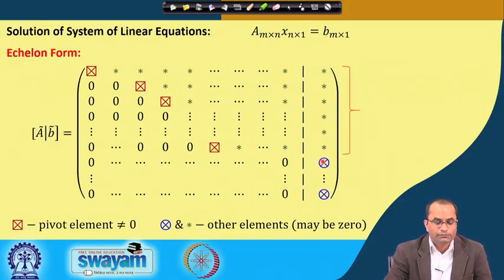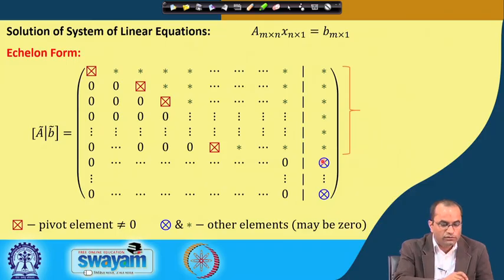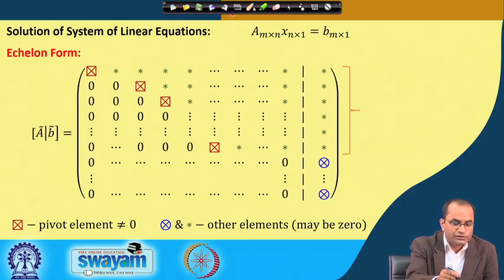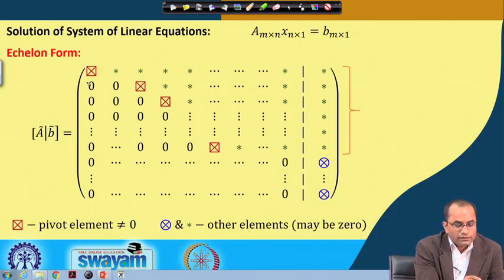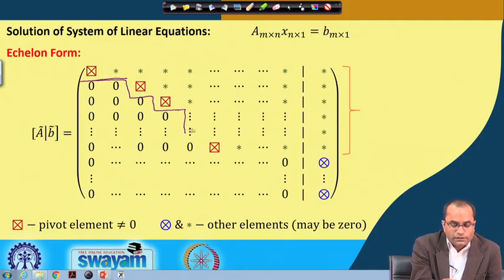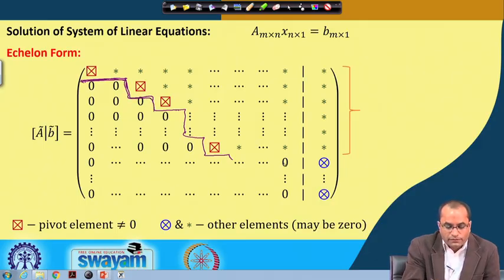But what is important here is to bring the matrix into this structure. It is a step-like structure, and the aim is to put it into this form so that we have zeros at the bottom of this stair-like structure.